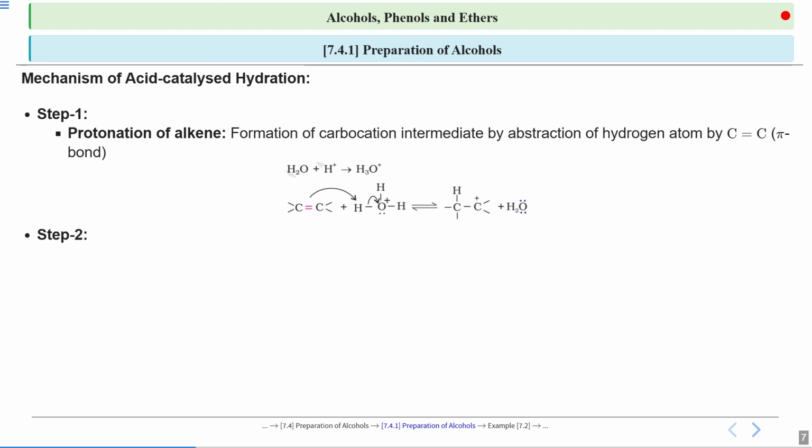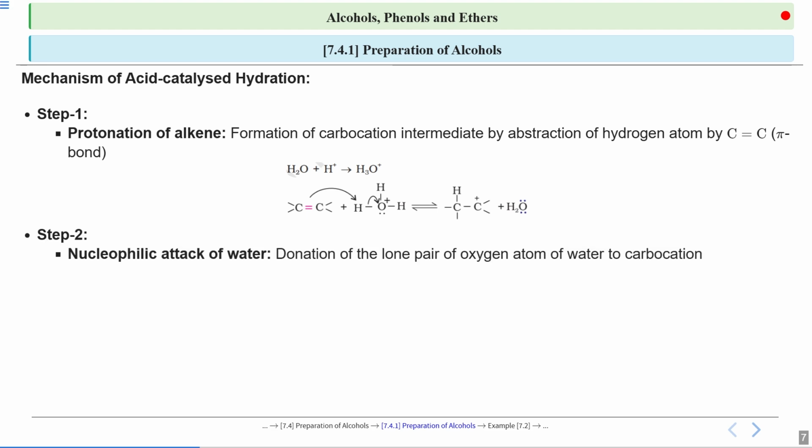Step 2 involves the nucleophilic attack of water. So, donation of a lone pair of oxygen: the water molecule has an oxygen present in it, and oxygen has lone pairs on it. Those lone pairs are going to be donated by the water to the carbocation. So what will happen? We have got our carbocation in the first step.